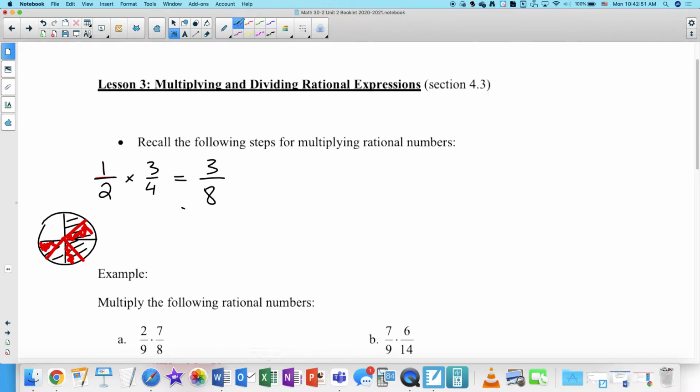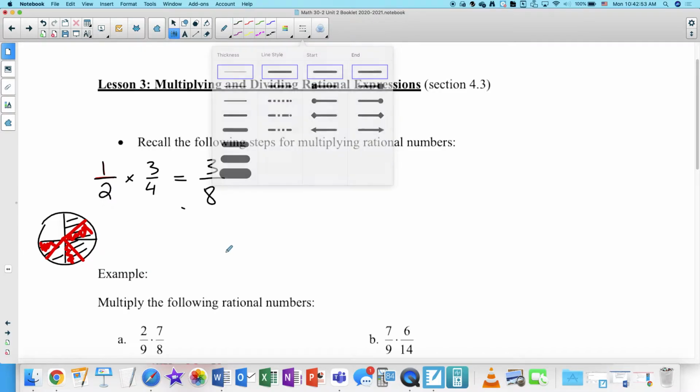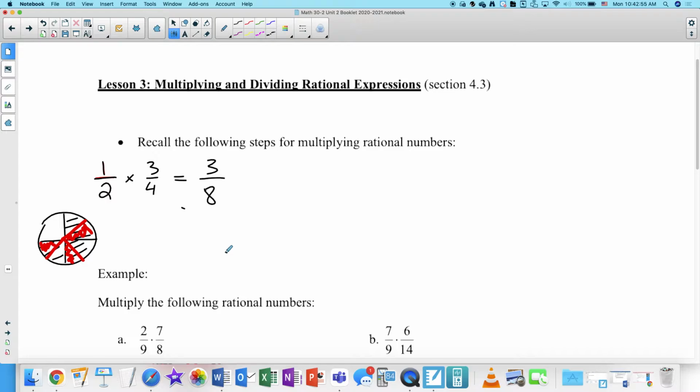I also want to talk a little bit about another example, because in this one we're done. But in another type of question, we may have to take an additional step after we do this multiplication. Let's say I have 5/8 times 6/15.